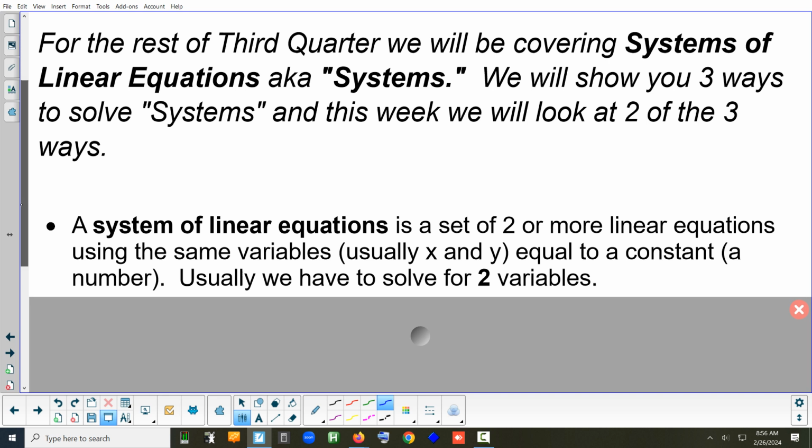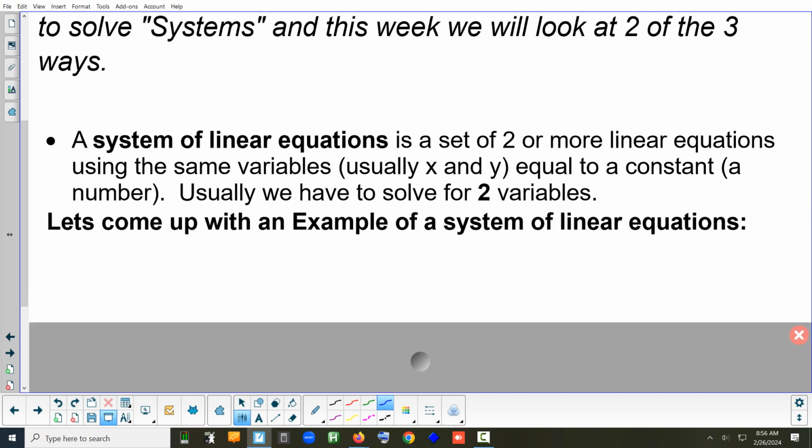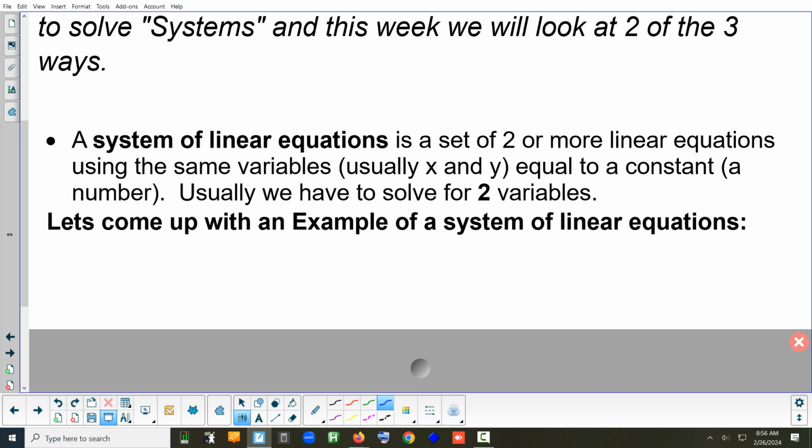Right, so let's see if we can come up with a system of linear equations. So like we did in the warm-up, can somebody give me an equation that has an x in it and has a y in it? You can have the y be by itself, or you can have the y not be by itself. You can do it any way you want.